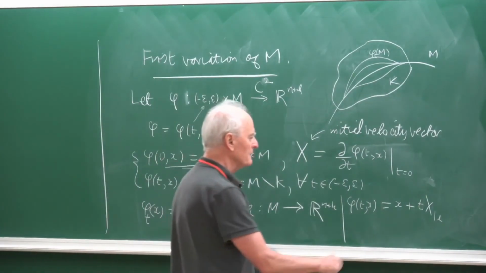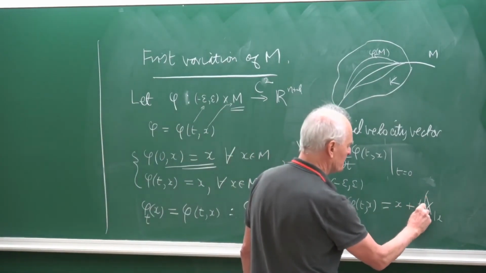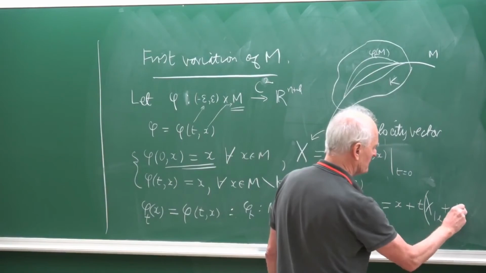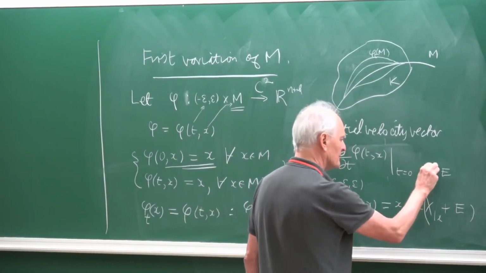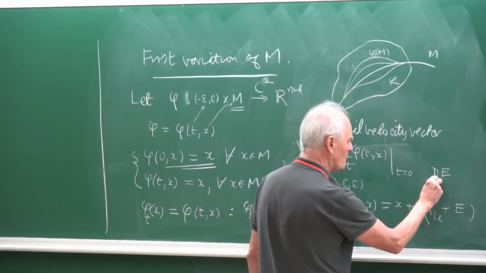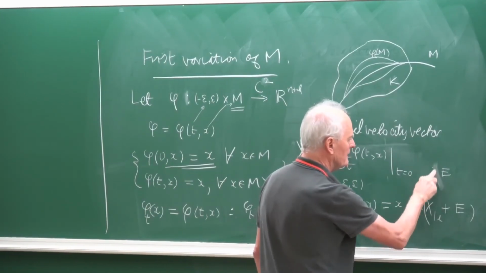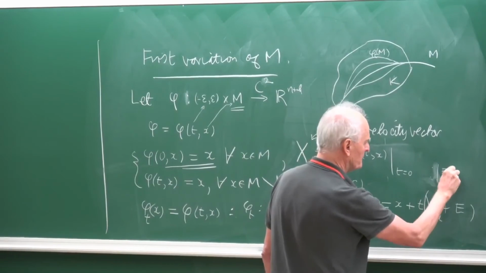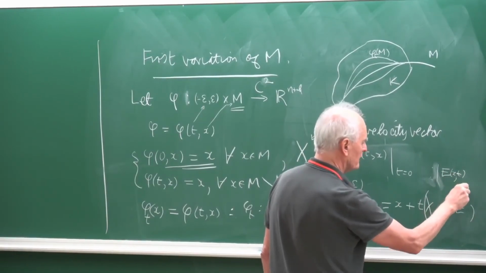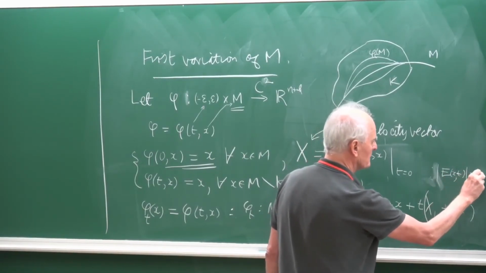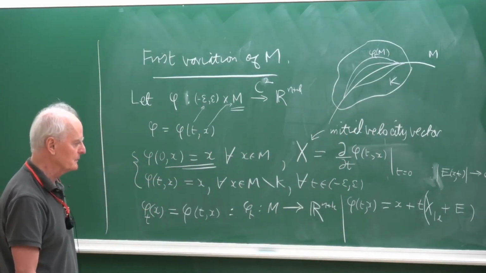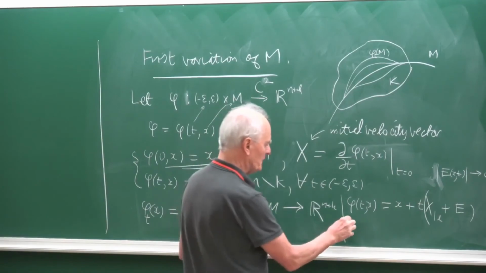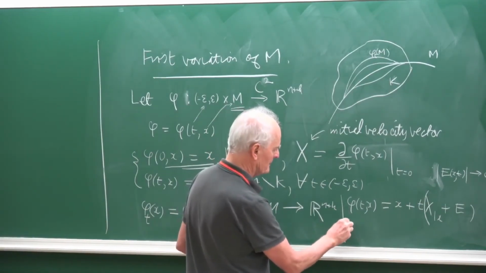And then there's an error term which is lower order. So we can put t times X plus the error term, and the error term goes down to 0, even in the C1 sense. It depends on x and t, and tends to 0 as t tends to 0, like so.